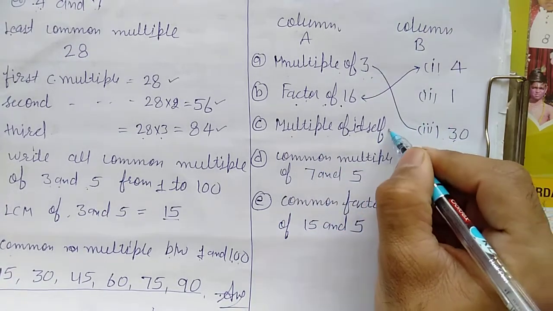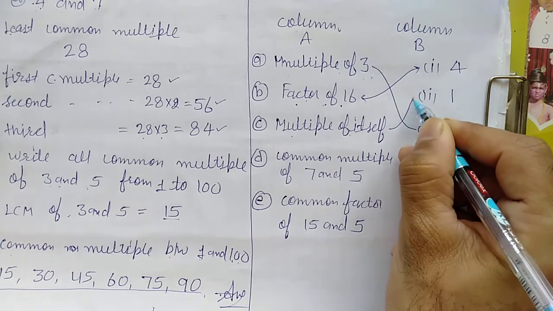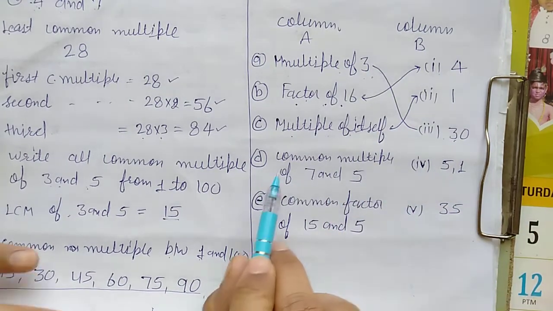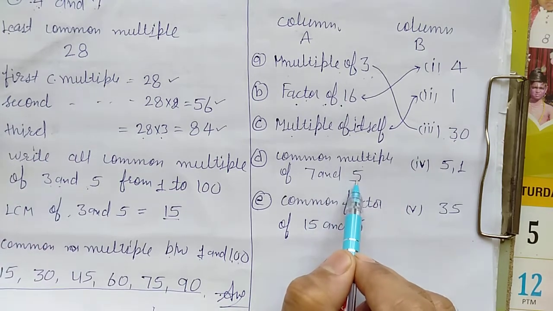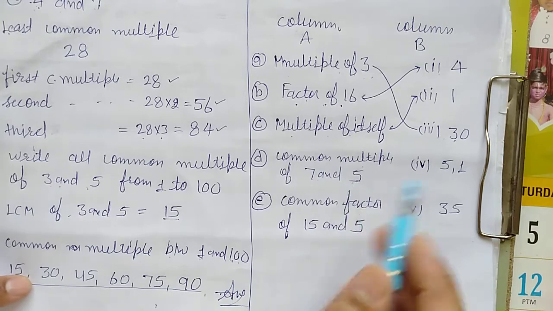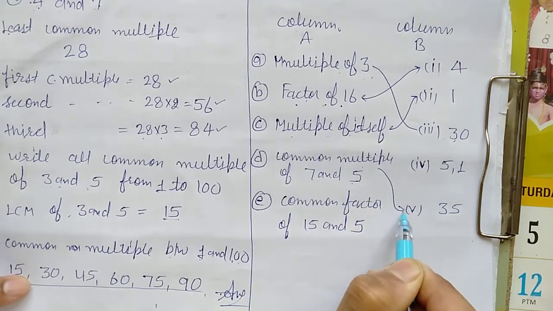That is 1 only, 1 times 1 is 1. So we will take 1 and match it here, right? Next is common multiple of 7 and 5. Common multiple we have done just before also. So 7 fives are 35. This is the first common multiple.